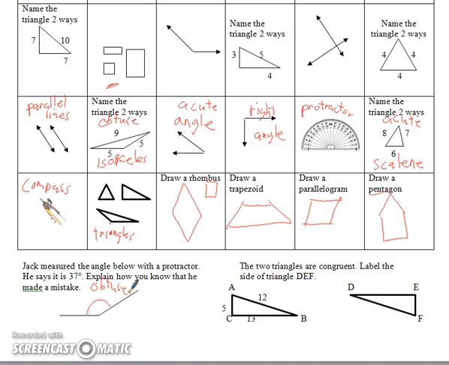Okay. Down here, the two triangles are congruent. Label each side of DEF. Okay, since these guys are congruent, I know the numbers 5, 12, and 13 are also going to be over here. And I have a mix-up on this.